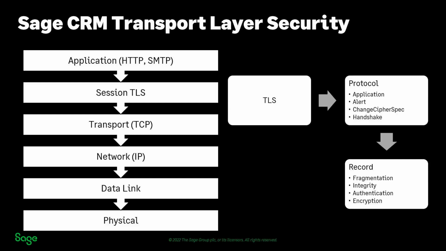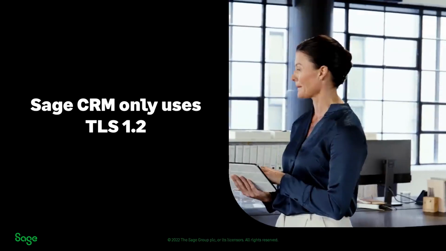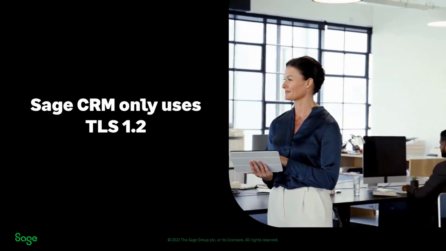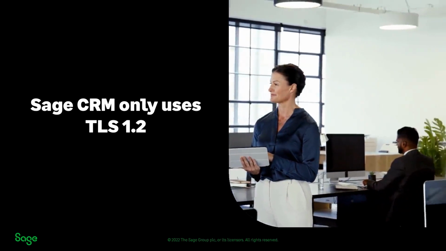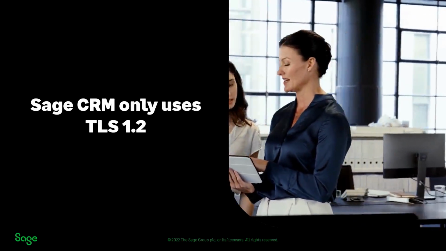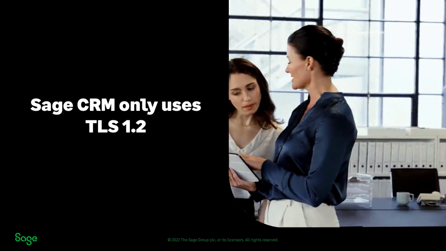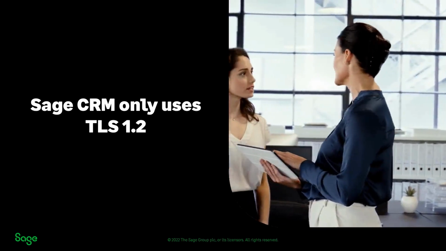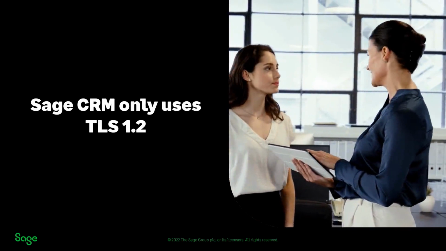TLS is one of the things that Sage CRM has a very good support strategy for. Sage CRM ended support for TLS 1.1 in Sage CRM 2018 R2. We ensured that in Sage CRM 2020 R2, there was no dependency on TLS 1.1.